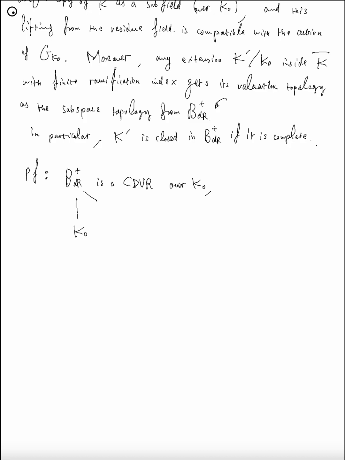And so actually its residue field is C_K, which contains K-bar. So K-bar is a subfield of the residue field C_K, this K-bar is algebraic and separable, of course.